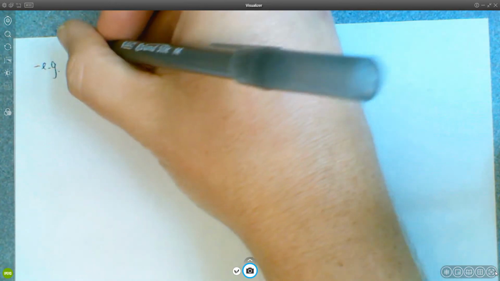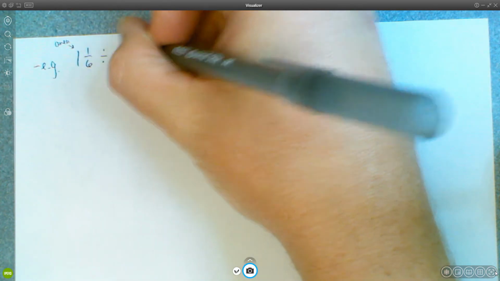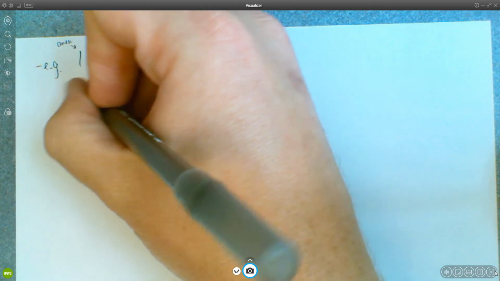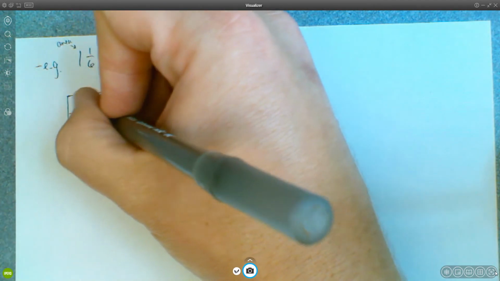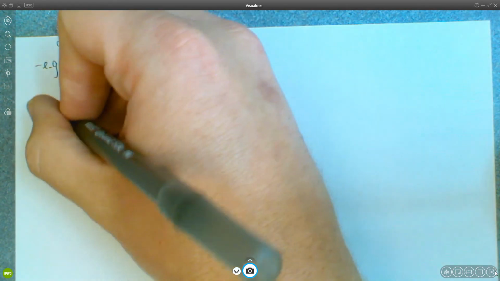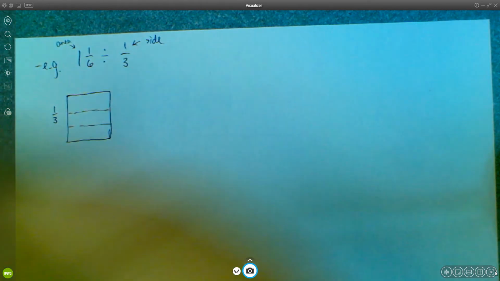Okay, so again, this is your area. It's the area that you're looking for, and this is your side. So there's 1/3. And I'm trying to make 1 1/6, right?